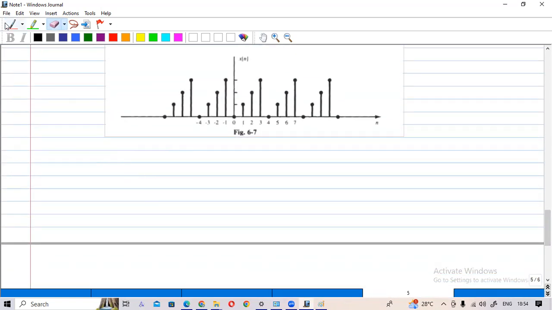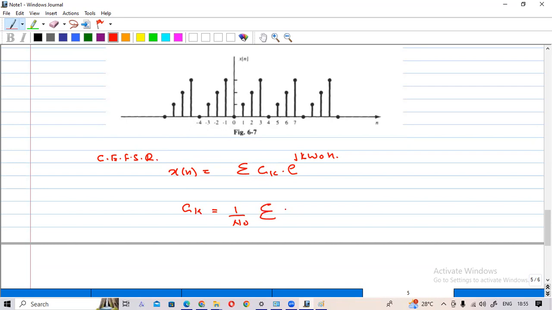So to evaluate the complex exponential Fourier series representation, you have the identity that is x n is equal to sigma ck e to the power jk omega naught n. And you can evaluate this ck as 1 over n naught sigma x n e to the power minus jk omega naught n.